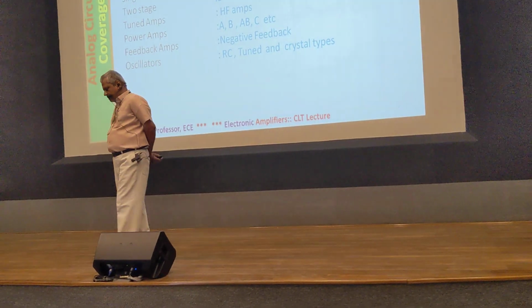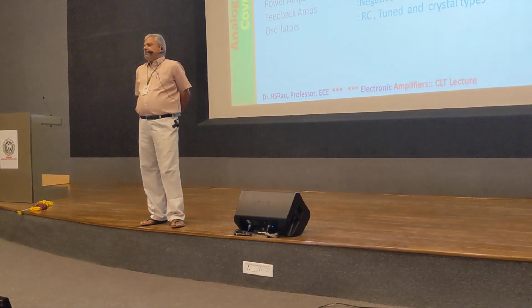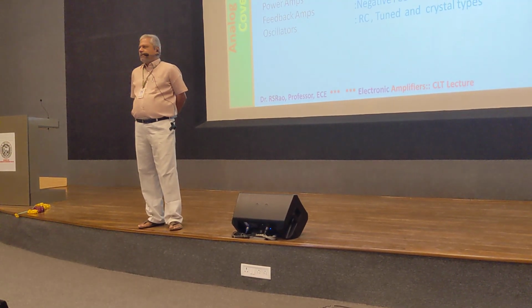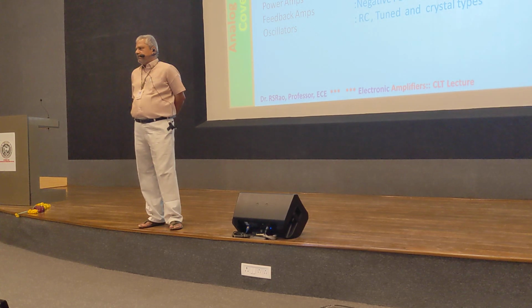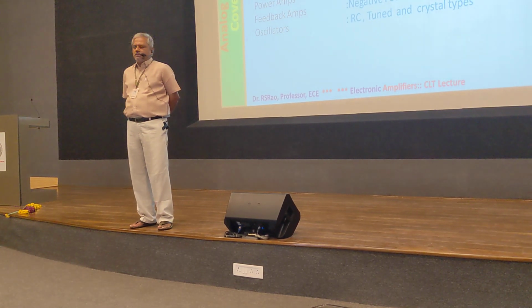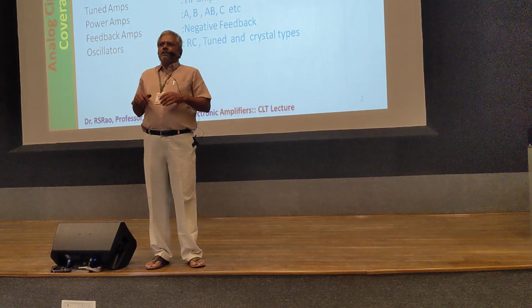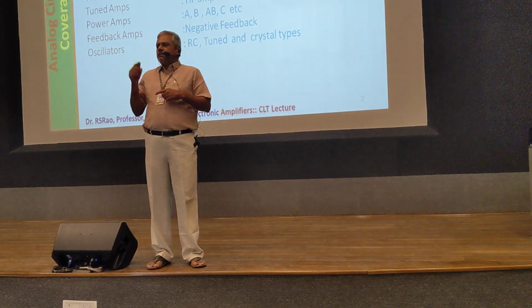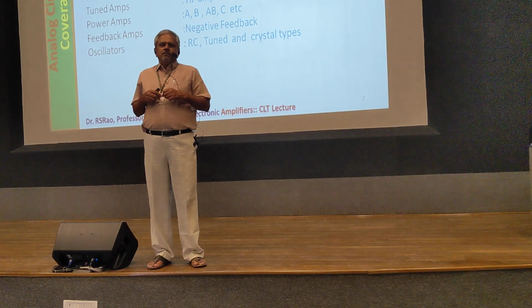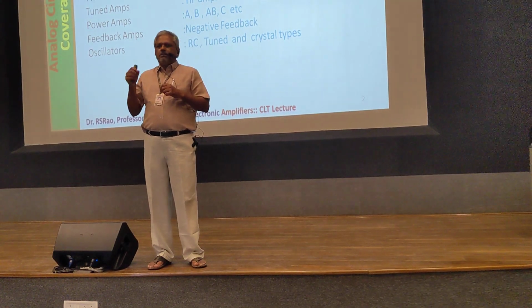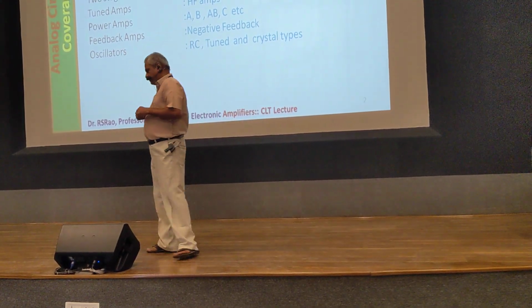You might have studied Miller's theorem. According to Miller's theorem, the feedback capacitance gets multiplied and appears across the input terminals of the amplifier. This multiplied capacitance reduces the maximum frequency at which the amplifier can be operated.